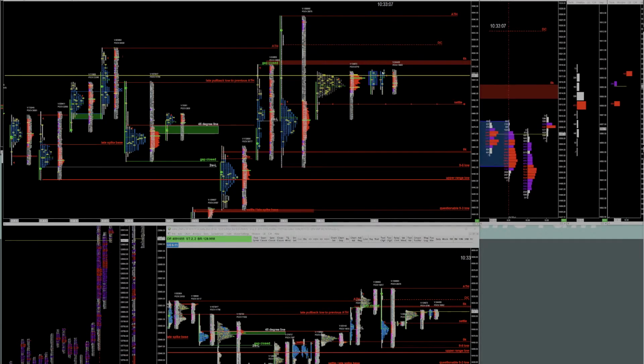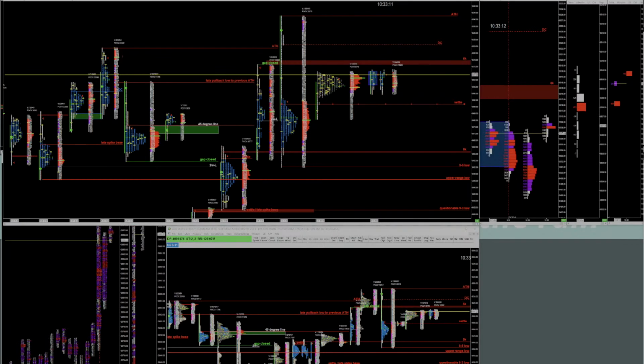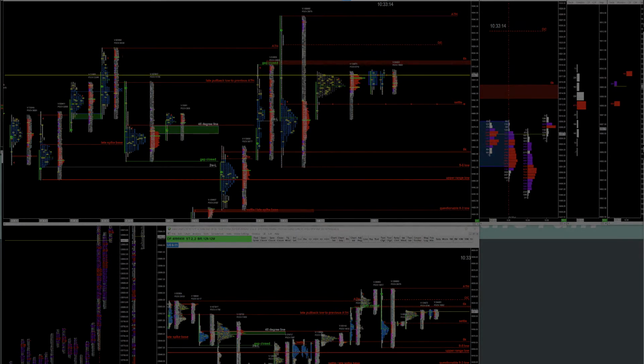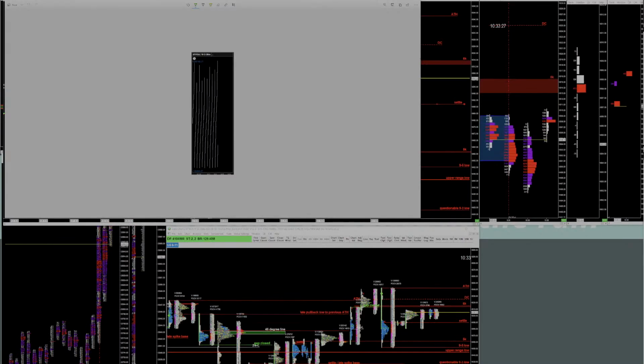Notice the action. Let me bring this to your attention. Okay. And this is all part of the observation process. And this is part of trading. What I'm doing here is trading.